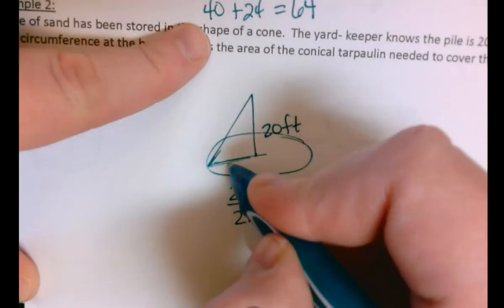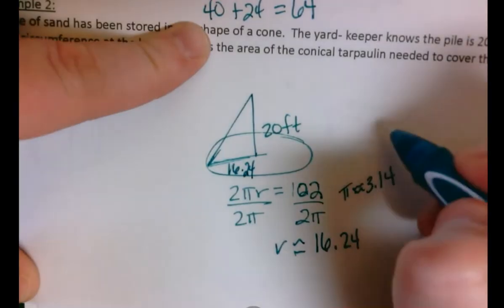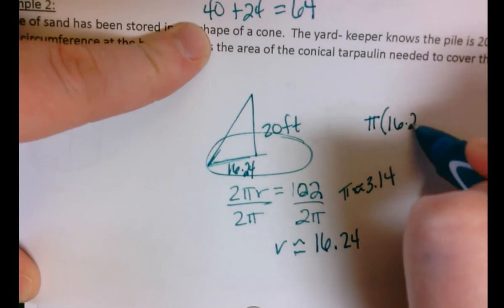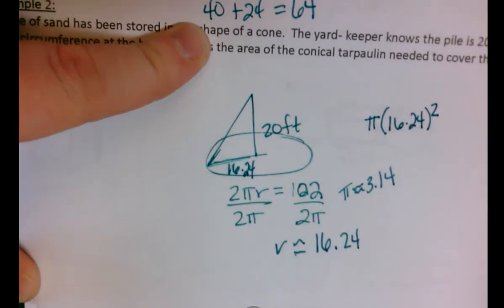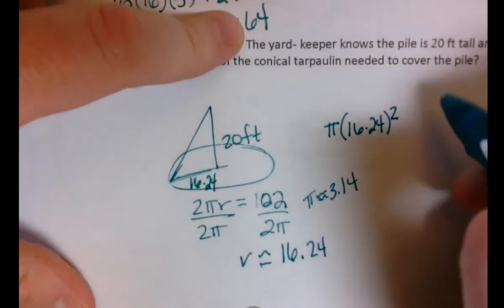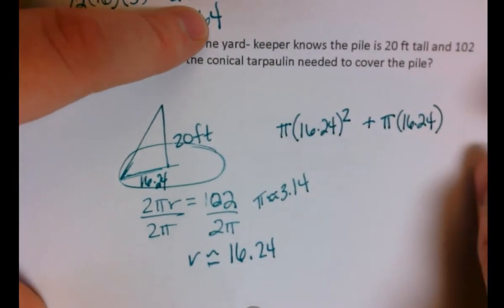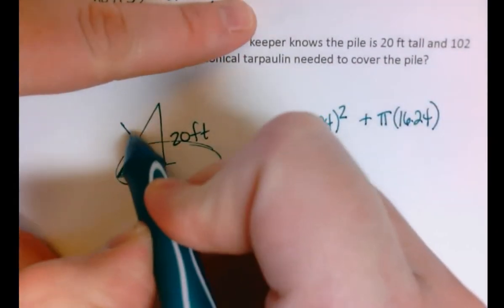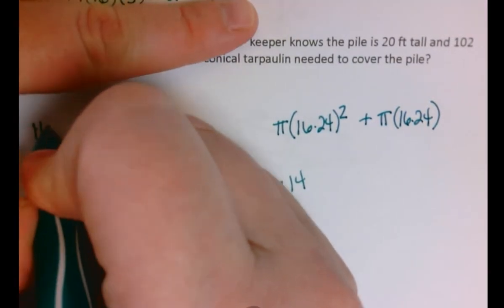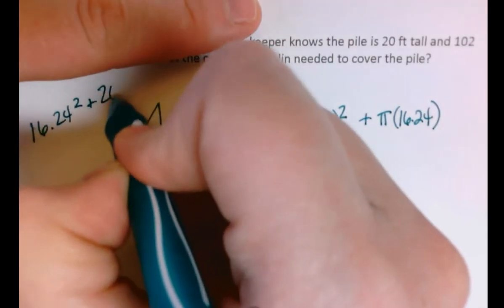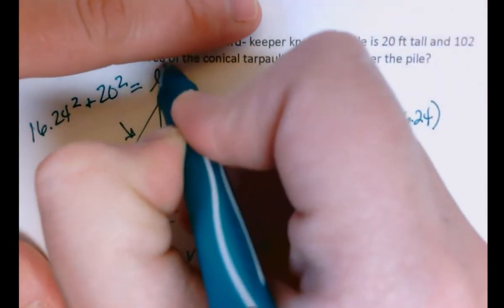So with this being 16.24, pi times 16.24 squared plus pi times 16.24 times my slant height, which I still need to find by Pythagorean theorem. So 16.24 squared plus 20 squared equals L squared.